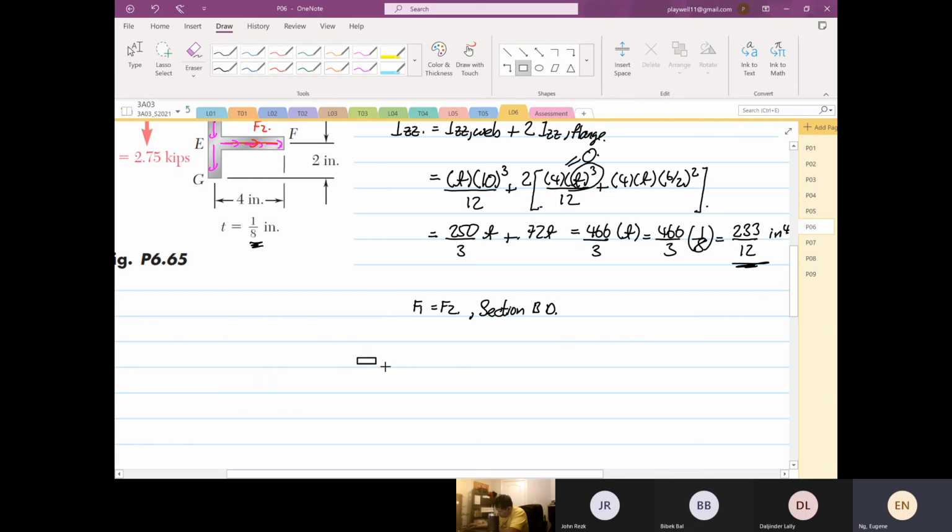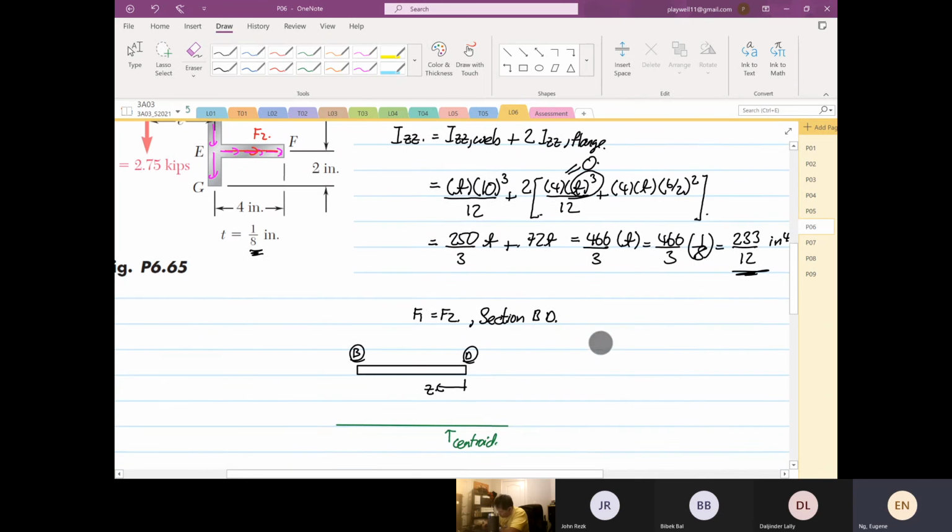So this is B, and this is D. This is my Z, and this is our centroid. From the diagram, the distance is 3.